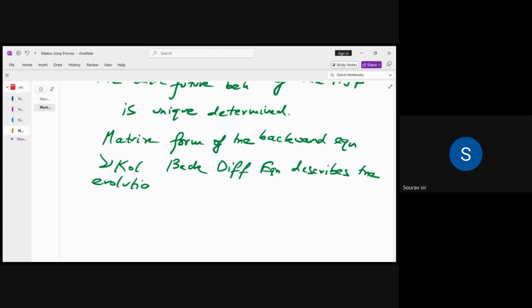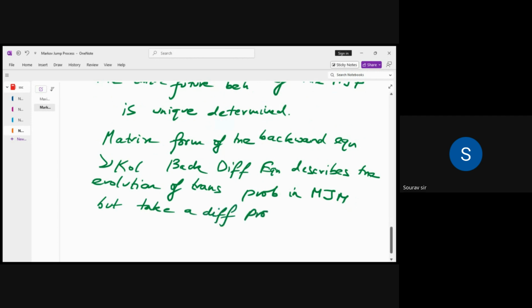evolution of transition probability in a Markov jump process, but it takes a different perspective compared to the forward equation.